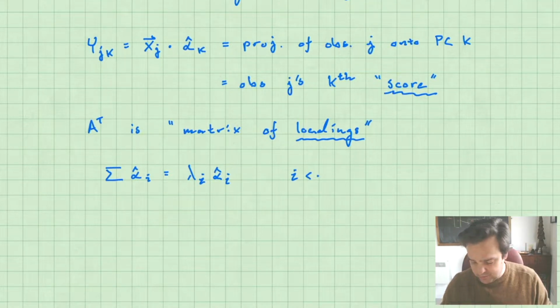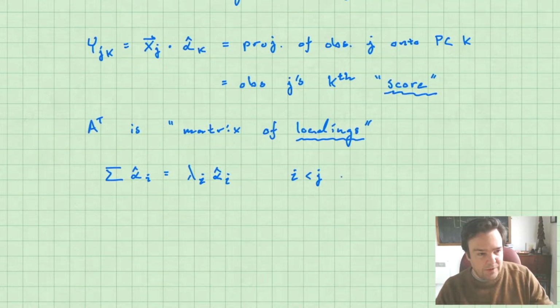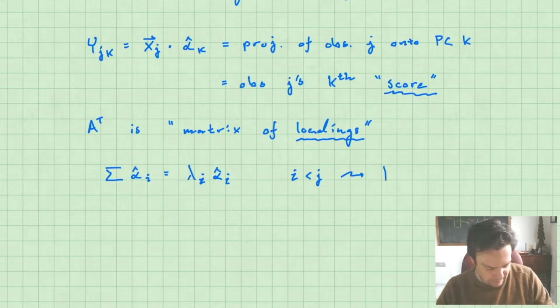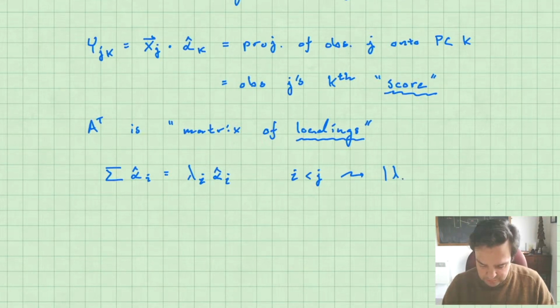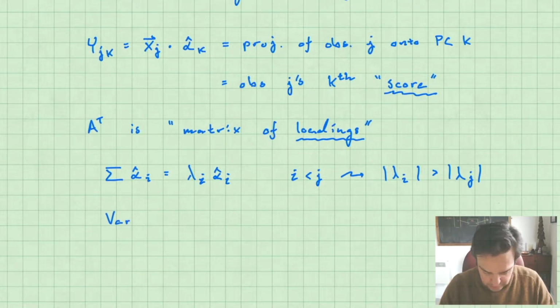I'm putting absolute values here around them because eigenvalues can sometimes be negative, but you'll see in the next line that there's some problem if one of your eigenvalues is negative here. Okay, so the reason for that is that the variance down column k, so this notation means column k of the Y matrix, is given by, there's sort of a simple way to write it and a little bit messier way.